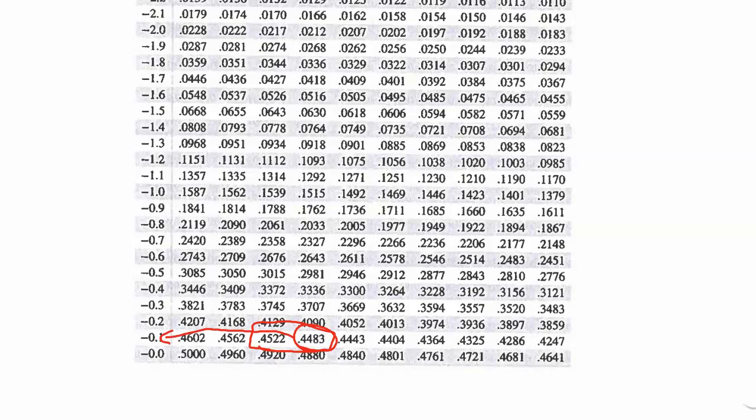The z-score that this one corresponds to is going to be a negative 0.1, and I'm going to follow this all the way up. It's probably easier to count. Here's a 0, 1, 2, 3. So a negative 0.13.